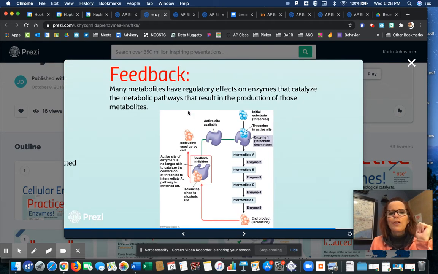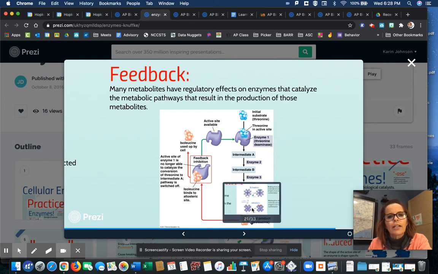Oh no, there was one more thing, feedback. That's right. We're going to learn more about feedback later, but let me just walk you through it really quickly. Here's a substrate. It interacts with an enzyme to cause a whole series of reactions, and we end up producing a product called isoleucine.